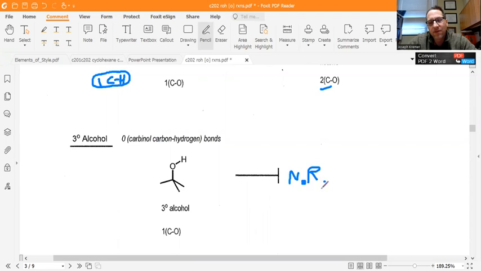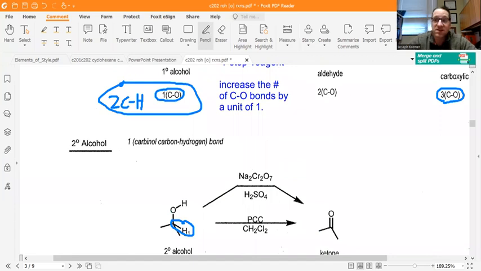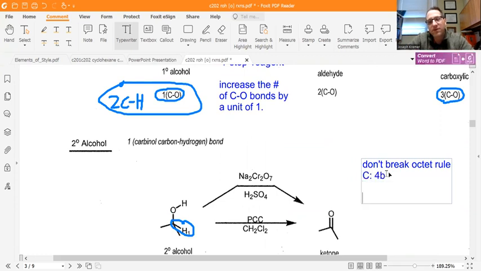So the thought and the carefulness has to be there in some of the worksheets. What we don't want to do is break the octet rule. You have to have carbon with 4 bonds. You have to have neutral products. Do you see any charges on these products to the right? Nope.